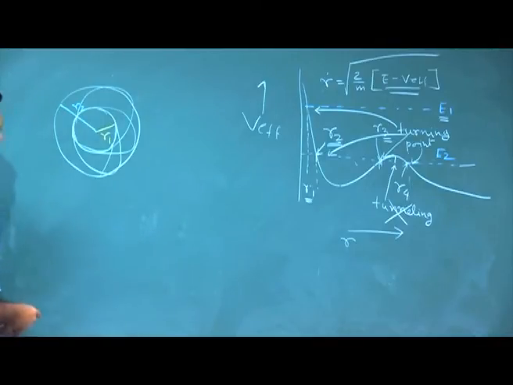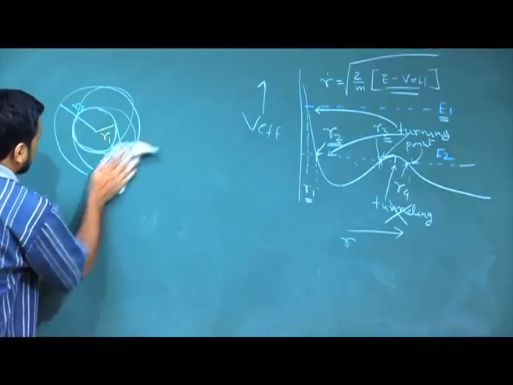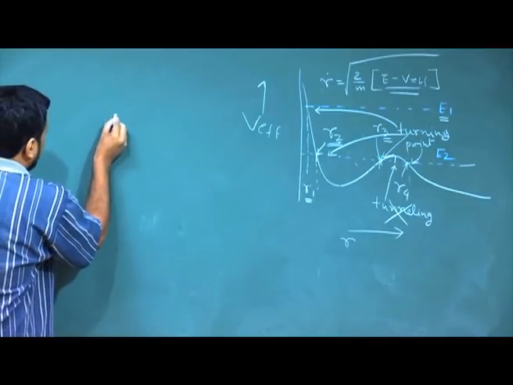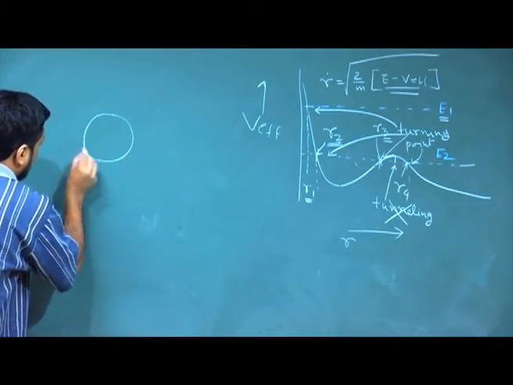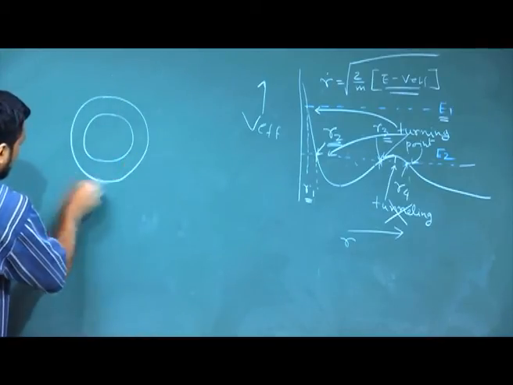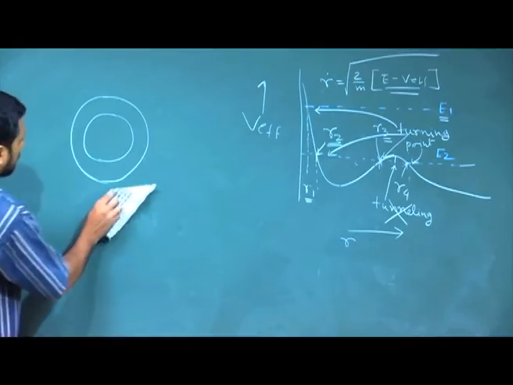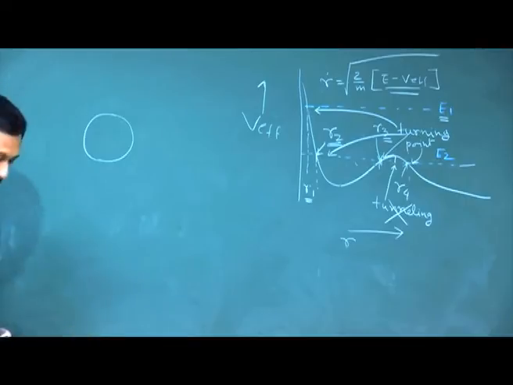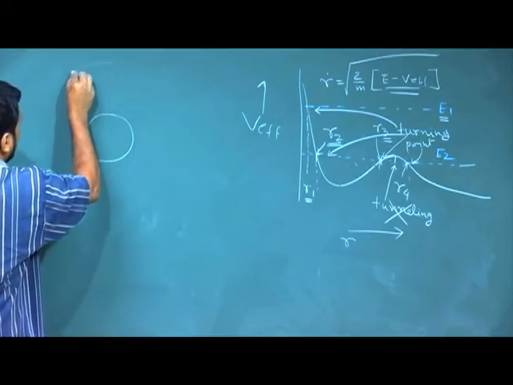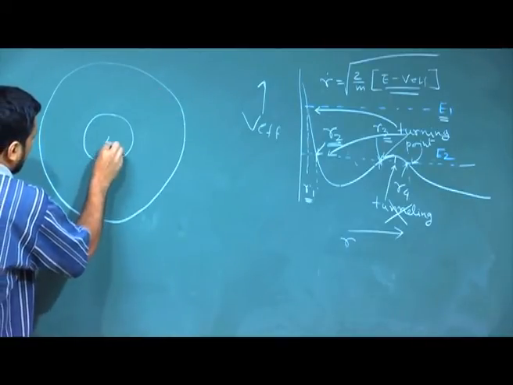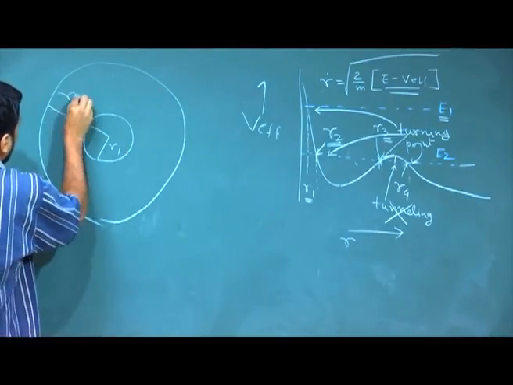I do not think it is a very clear picture. I will try to draw it once again. Please excuse me for this. So, we have R1 and we have R2. I will draw R2 slightly bigger, that will help us draw it clearly. So, R1 and R2.